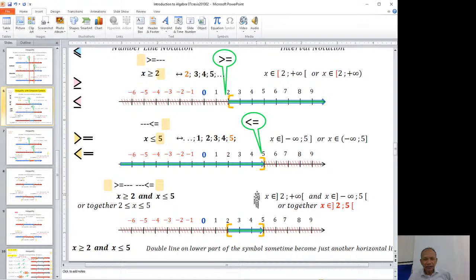Here, we see that from 2 we have 2, 3, 4, 5, and below we have from negative infinity up to 2, 3, 4, 5.